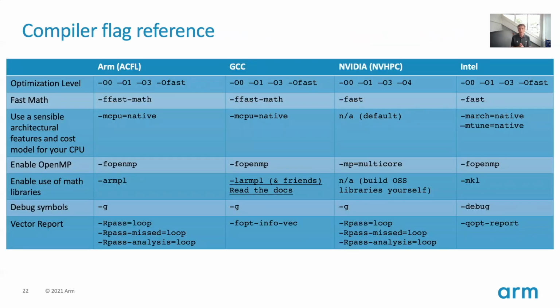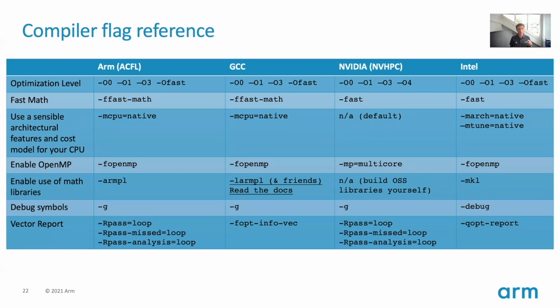Okay, reference slide. I won't spend too long on this, but I've got a column here that shows the behavior on Intel's compiler in case that's something that you've used in the past. And then columns for our commercial compiler, GCC, and NVIDIA's commercial compiler.